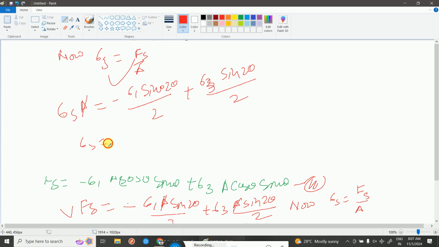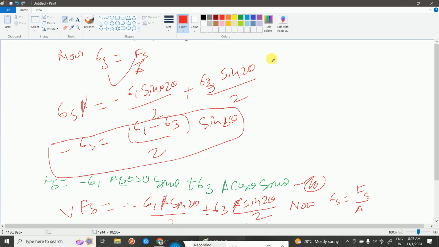Then sigma s is equal to sigma 1 minus sigma 3, because this can be possible, here minus, so by 2, and this is your sine 2 theta, take the common. Okay, and this equation has been derived.